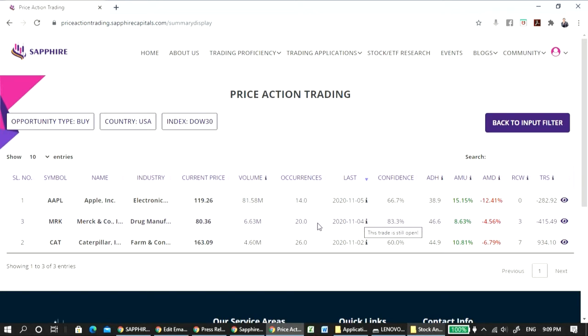On the 4th of November, there were 20 price action patterns since 2018, in the last 2.5 years or almost 3 years. It had a confidence of 83%, meaning it was successful 83% of the time, which is a great number. And I believe anything above 80 is something that you must look at for possible trading opportunities.